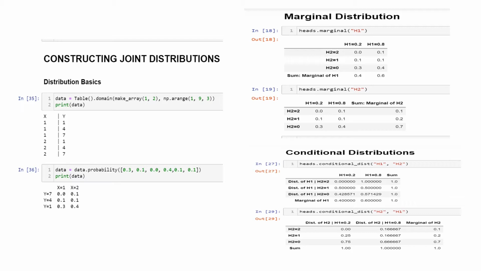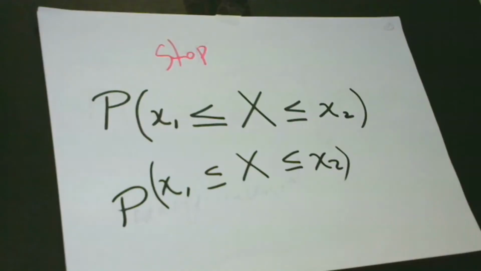Also, we were taught how to do marginal distribution by calling the dot marginal function. Lastly, we were able to construct conditional distributions. This can be done by calling the method conditionalDist. If you missed lesson 7, the link is given in the description below. You may pause this video and come back if you are done with it.